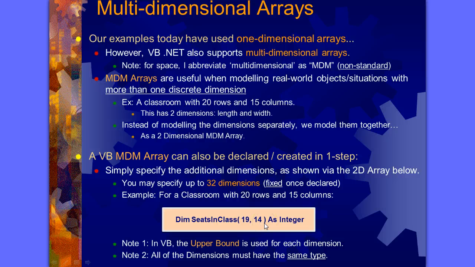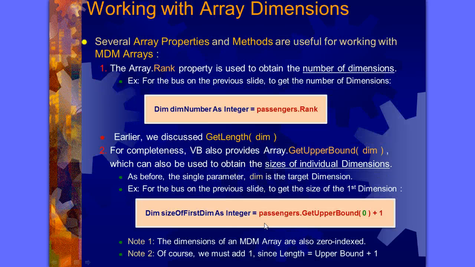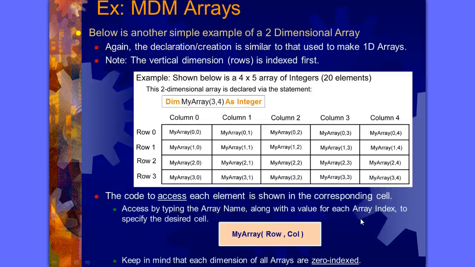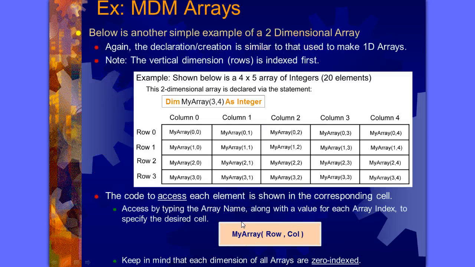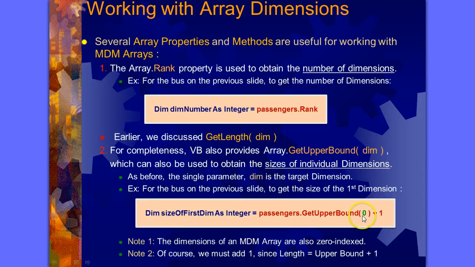So with that in mind, if we said passengers.GetUpperBound(0), that means how big is the first dimension? Well, I already said how big the first dimension is. It's 20, it's not 19, but GetUpperBound means 19, plus 1 would give us 20, and we could call that the size of the first dimension.